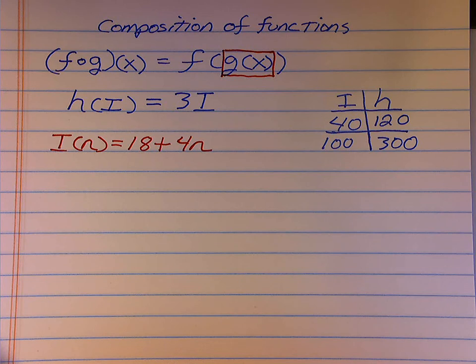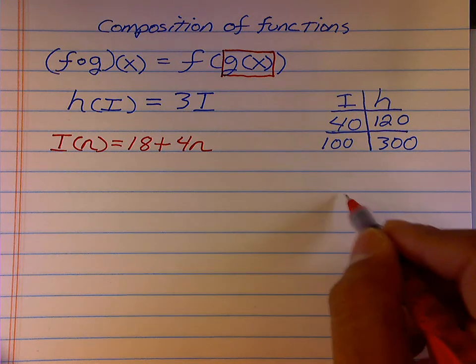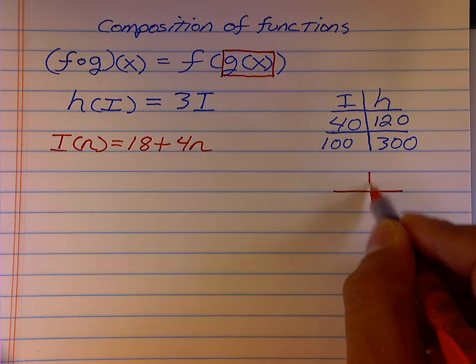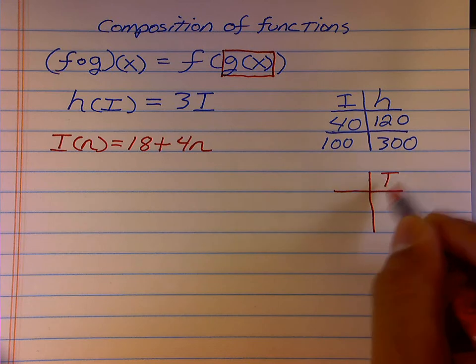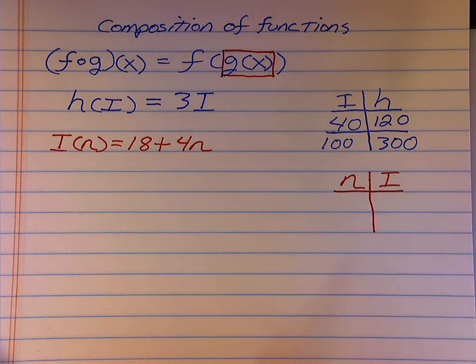From here, I can calculate the income if I know how much education you have. So from this function, the output is the income and the input is the number of years of education you have past high school.